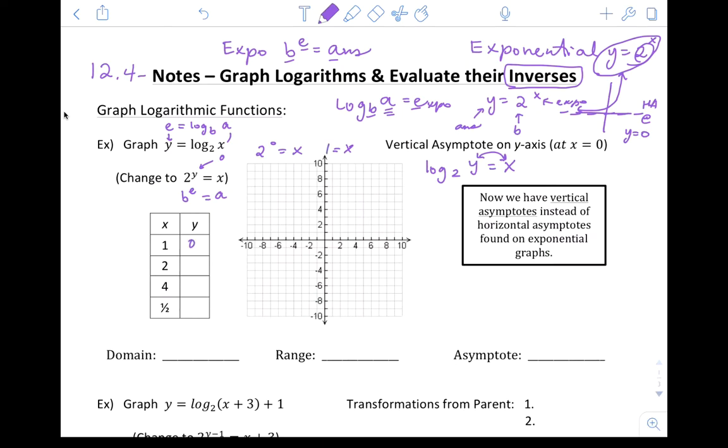If I had picked the x and wrote it like that, 2 to the what equals 1, I have to work it backwards. Hopefully it makes sense that 0 has to be y, because the only way to get a base to become a 1 would be when the exponent is 0. So you have a choice.